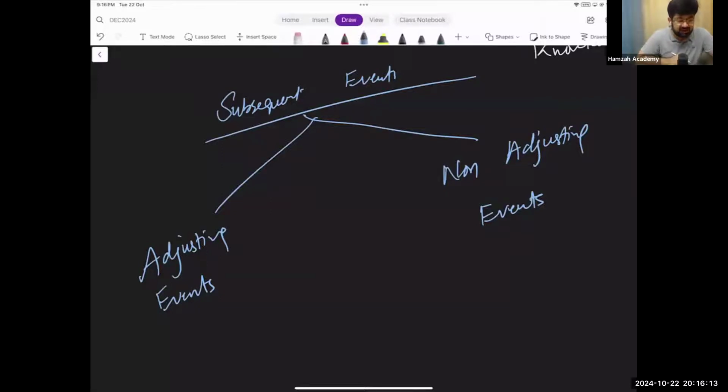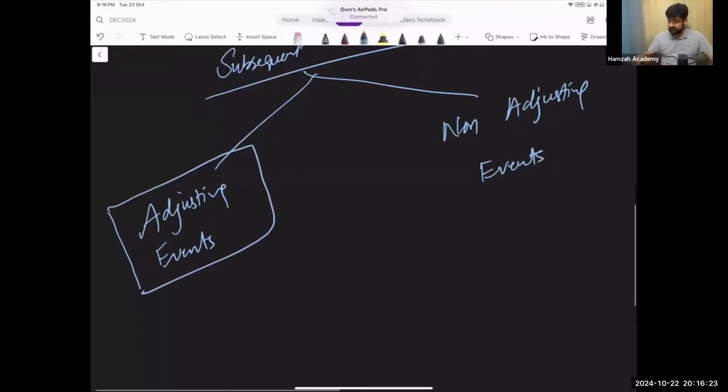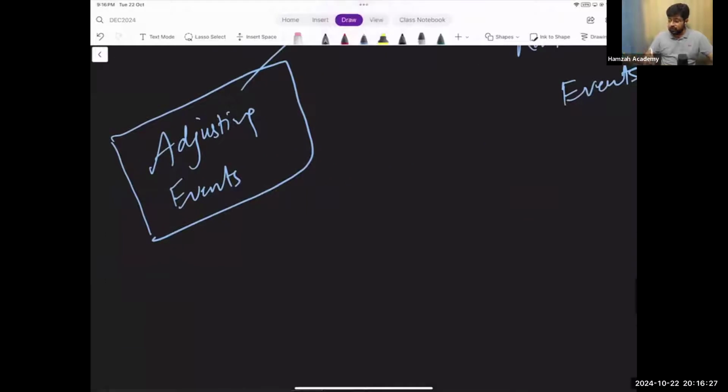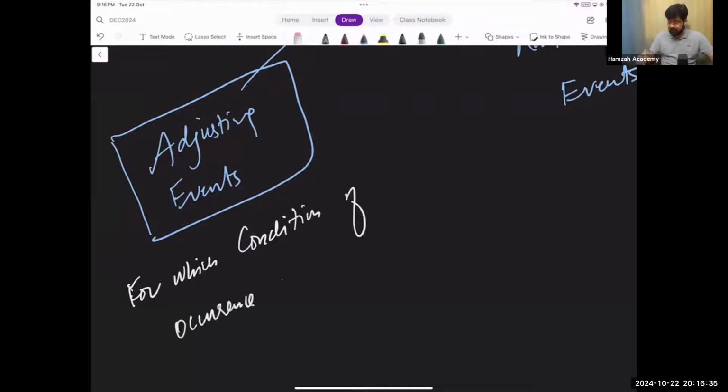Adjusting events and non-adjusting events. Now, adjusting events are those events for which the condition of occurrence arises at or before year end.